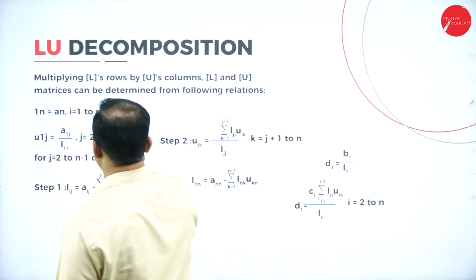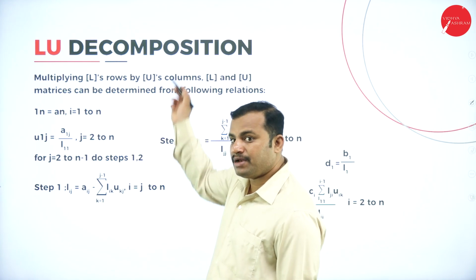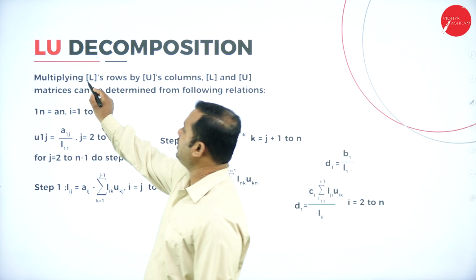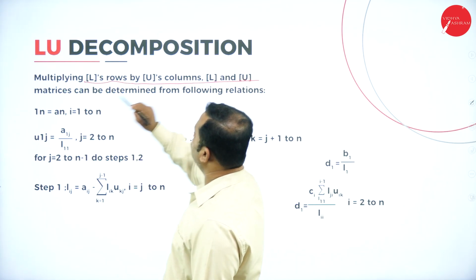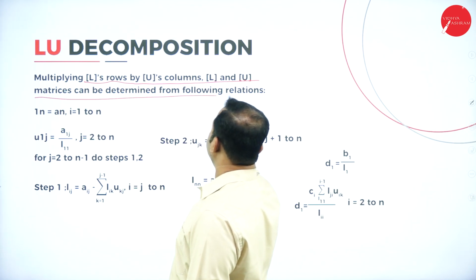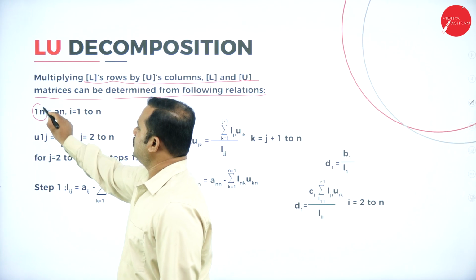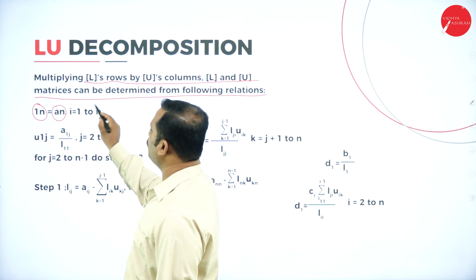If that is the case, the same thing I explained in the previous slide is explained here. Multiplying L's rows by U's columns, L and U matrices can be determined from the following relations. Li1 is equal to Ai1, where i is equal to 1 to n.